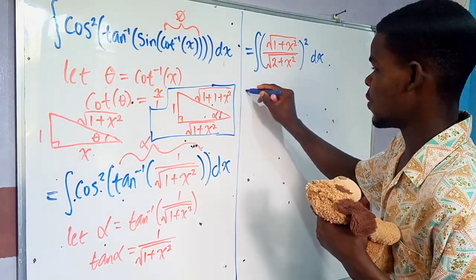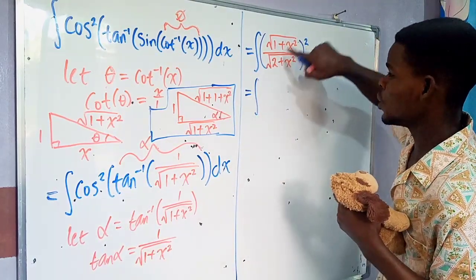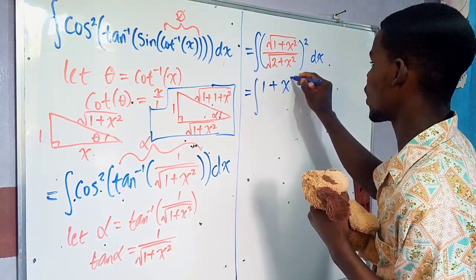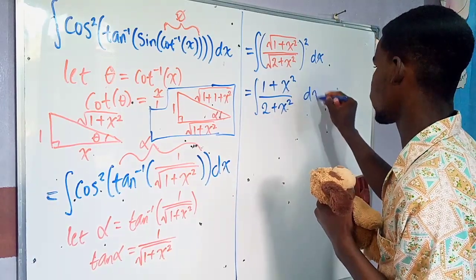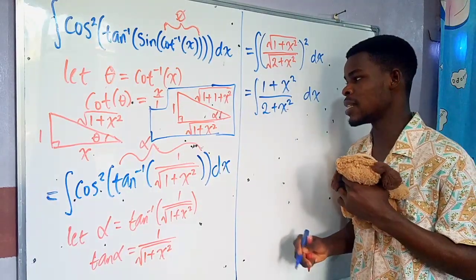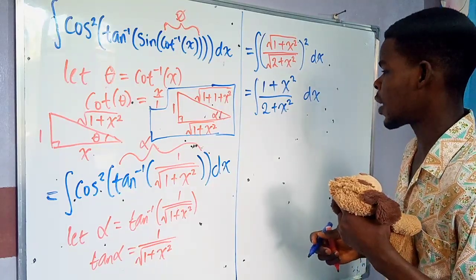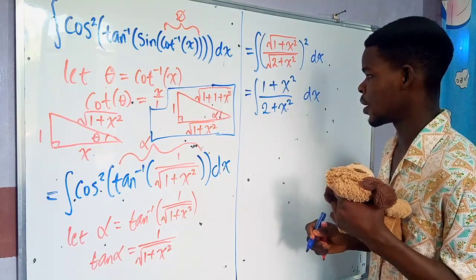So this in fact is a lot easier than it looks. We have the square of each of these square root terms, and of course we are just going to take out the square root sign. We're going to have 2 plus x squared, and then we have the dx over here. So this now gives us an improper fraction. It is an improper fraction because the degree of the numerator is not less than the degree of the denominator.